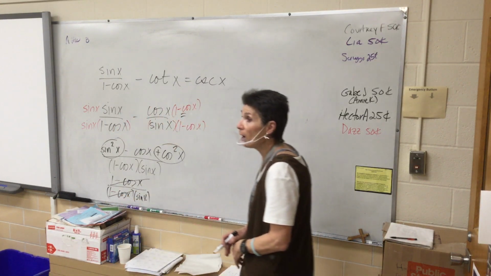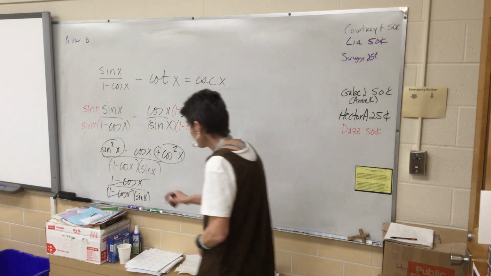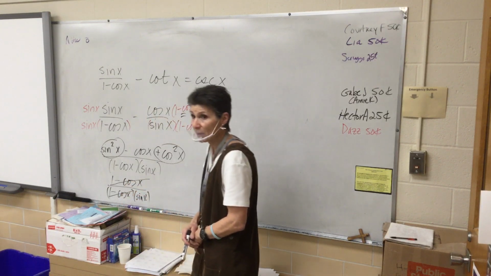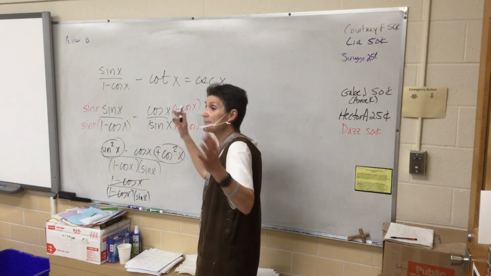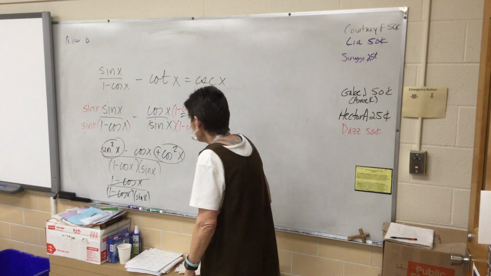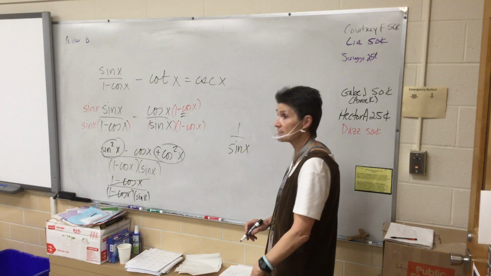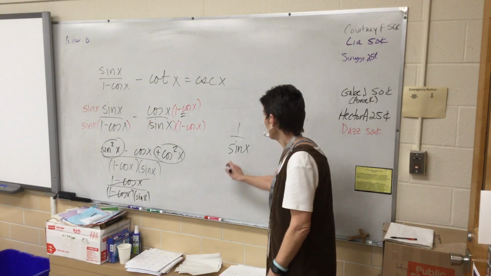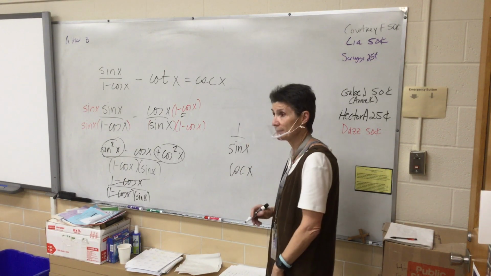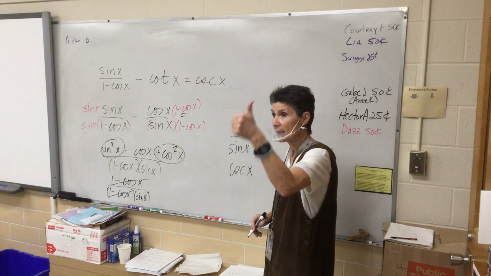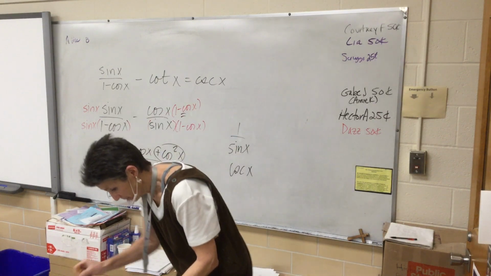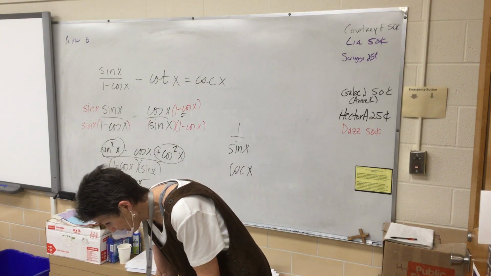You can't cancel parts. You can't cancel the cosine and the cosine, for example. That won't work. But if you're canceling out the whole thing, it's fine. So now I'm left with 1 over sine. Well, shoot, guys, what's 1 over sine? Cosecant. And isn't that what you wanted to end up with? Done. Accomplished. Good.